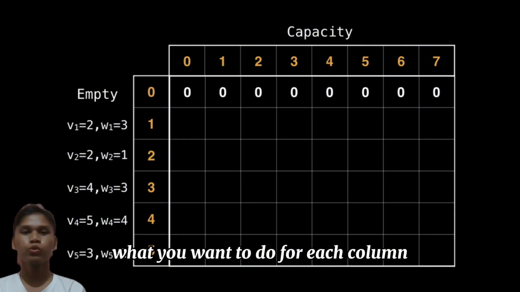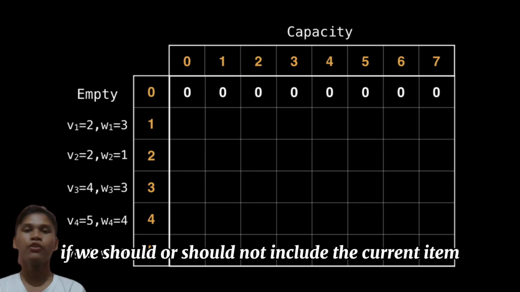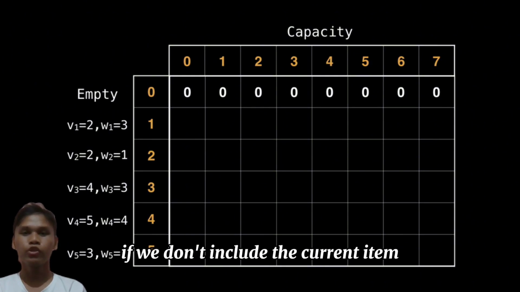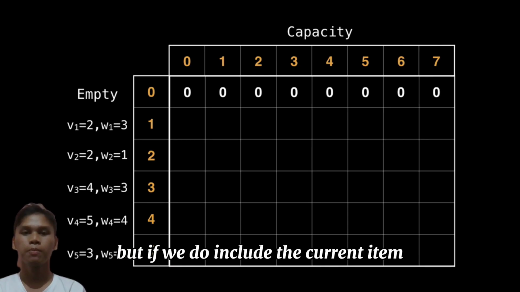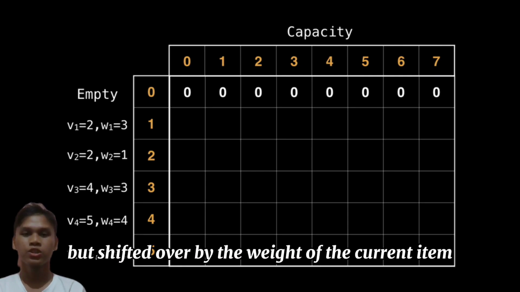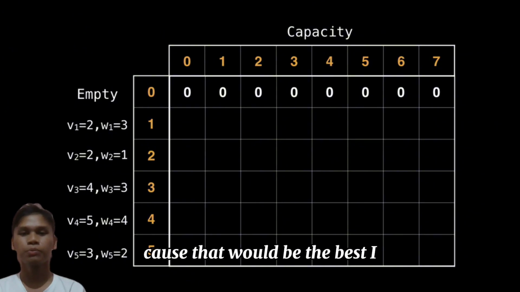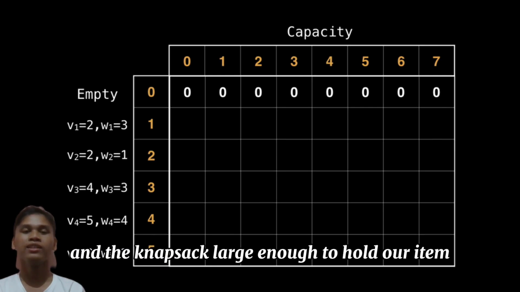What we want to do for each column in the current row is figure out if we should or should not include the current item. If we don't include the current item, then we look one row above. But if we do include the current item, then we still look one row above, but shifted over by the weight of the current item, because that would be the state with the best possible value and the knapsack large enough to hold our item.